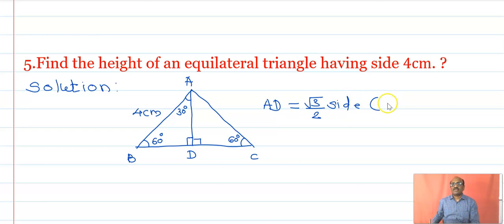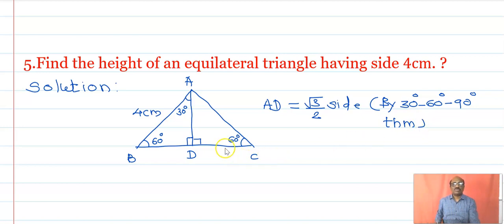And what you can write here? That is by 30, 60, 90 rule.